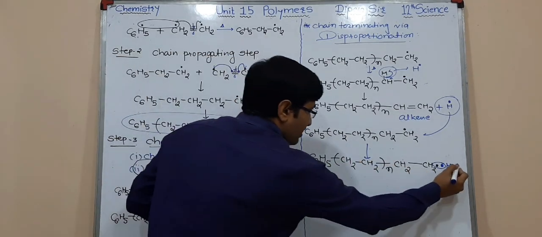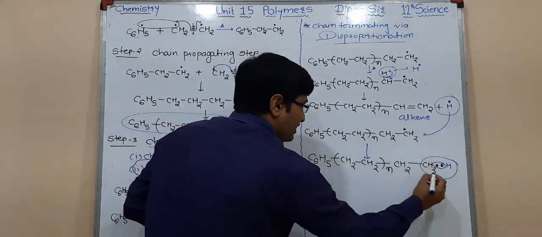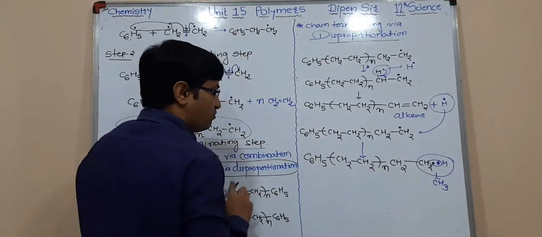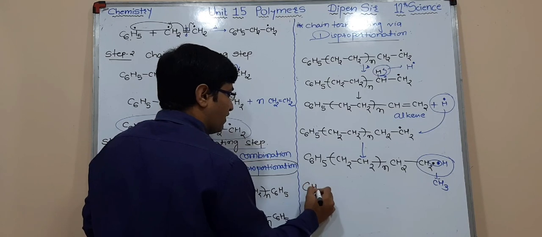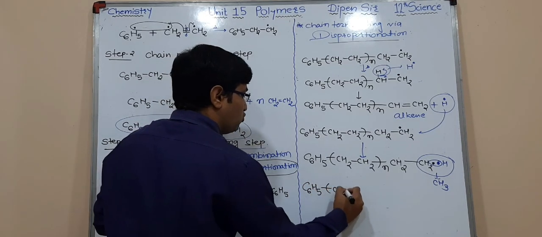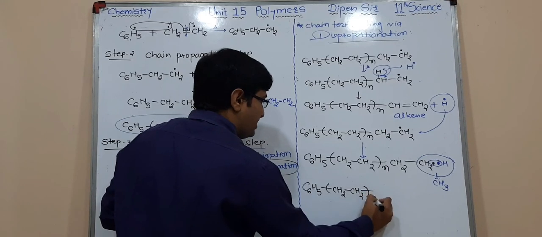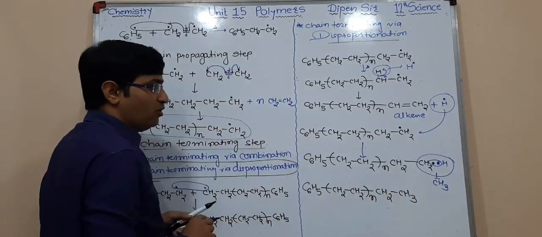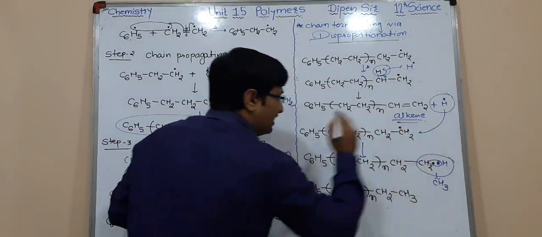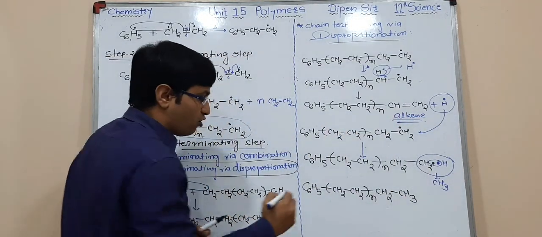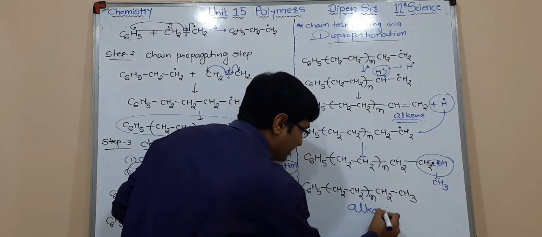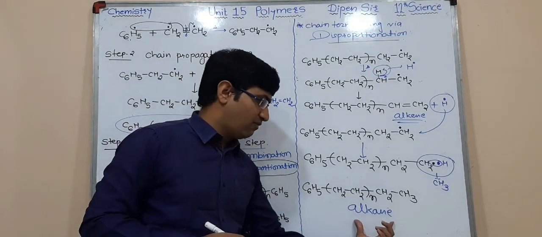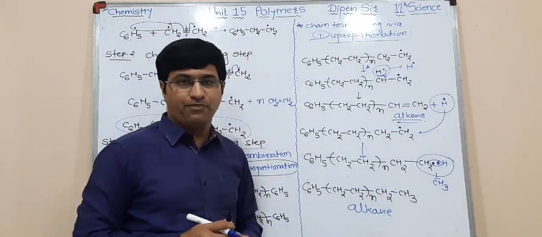So this terminal point is going to convert into CH3. Our obtained product is C6H5 CH2 CH2 n times CH2 CH3. So one obtained product is an alkene and the second is an alkane. Yes students, all the bonds are single bonds and this form is an alkane.